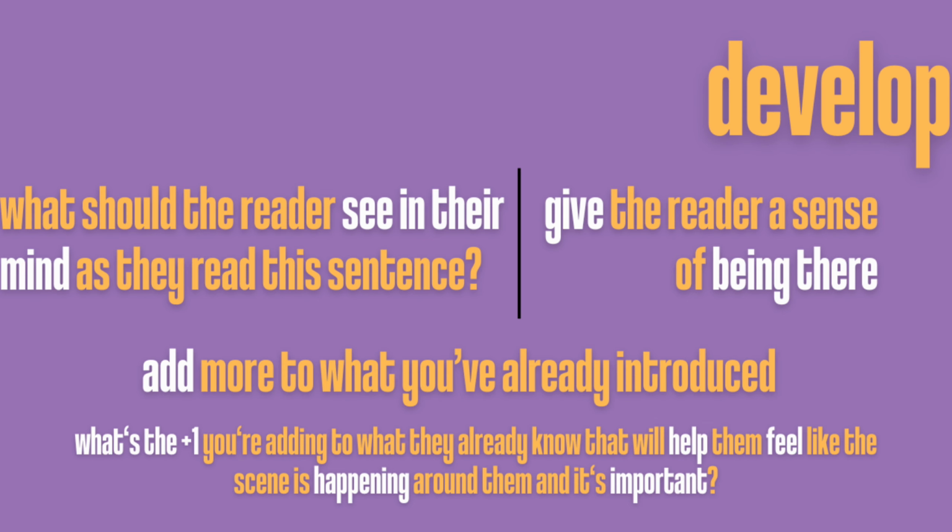We're not always going to describe things in the same depth of detail, but you are always looking to add more to what you've already introduced. And the shorthand for this is, what's the one thing, what's the plus one that you are adding to the pile of what people already know to make them feel like what they already know, plus this new thing, is helping the scene feel material, substantial, like it matters.